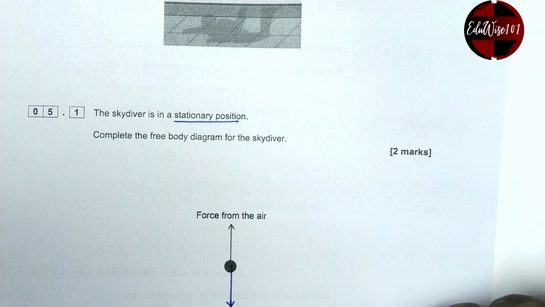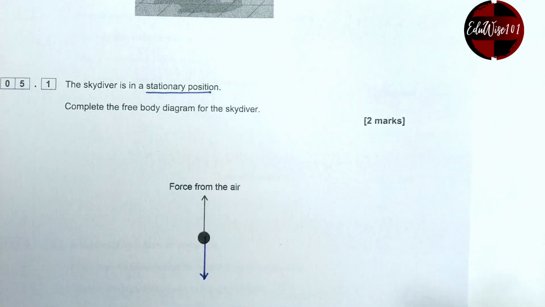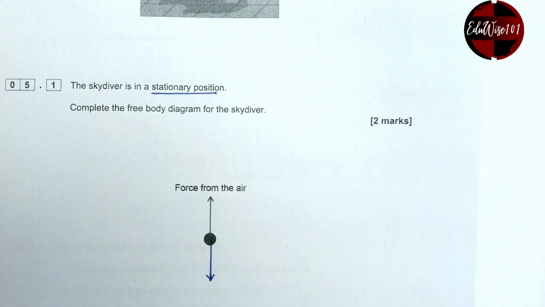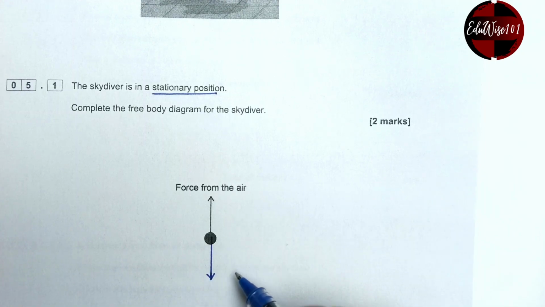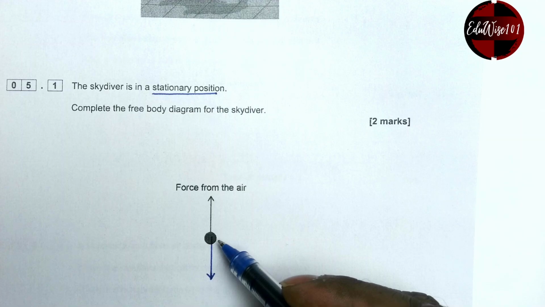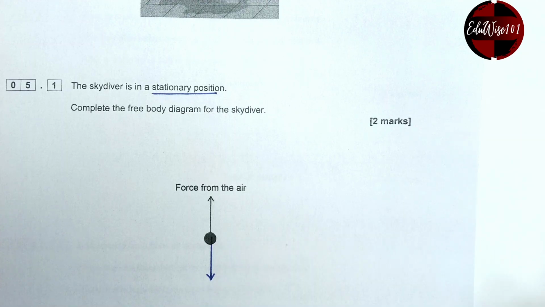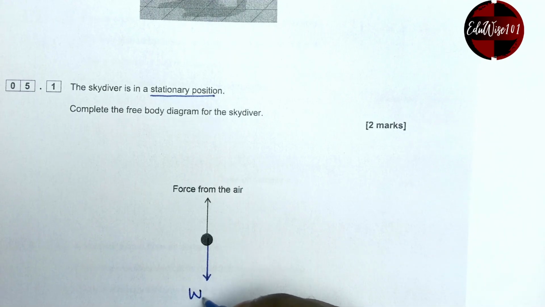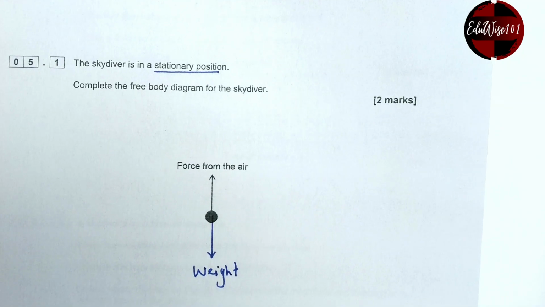When they're marking it, they are roughly going to look at it, and it needs to be pointing downwards. So the two key points are an arrow of equal size vertically pointing downwards, and it needs to be labeled as well, and the label is weight. Next question.